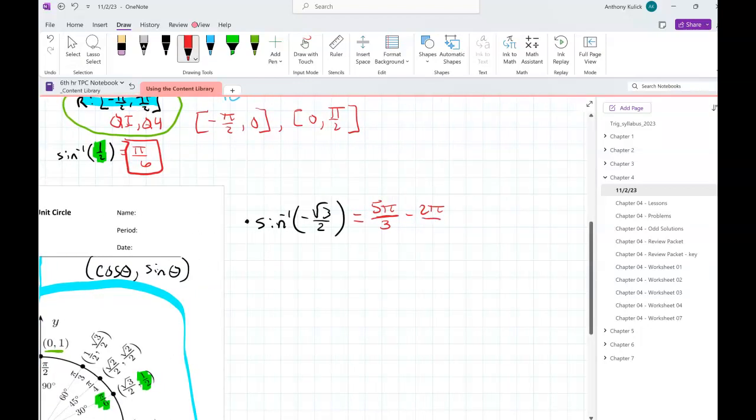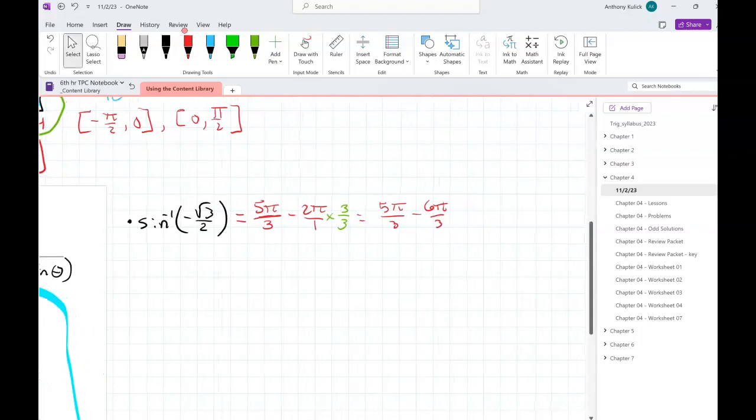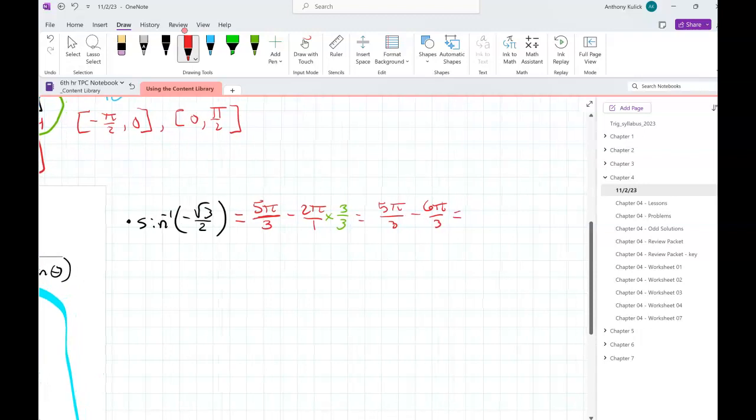What would that be? 3. So I'll multiply the top and bottom of 2 pi by 3. So 5 pi minus 6 pi is negative pi, and the denominator should be 3.